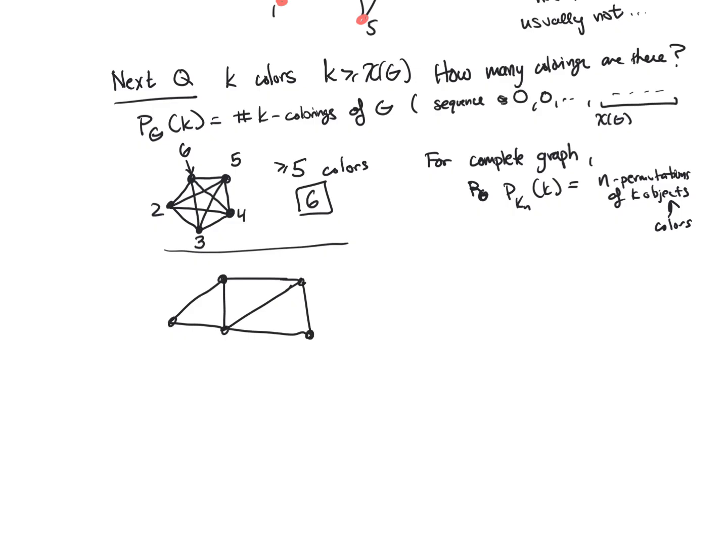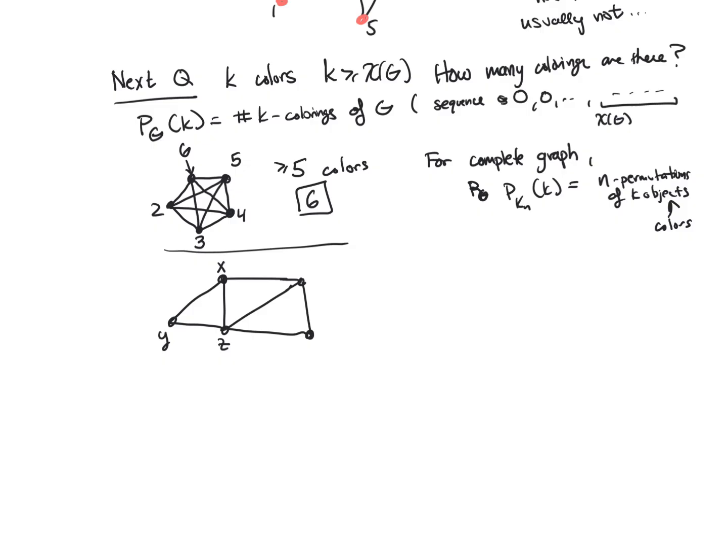Here, this is just a randomly chosen graph. Now if I want to count the colorings, I have a K3 subgraph right here. If I have a coloring of the whole graph, I get a coloring of the K3 subgraph.